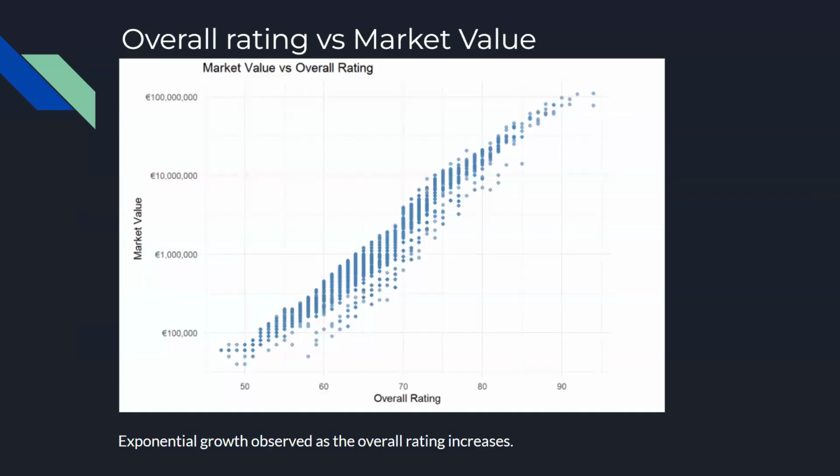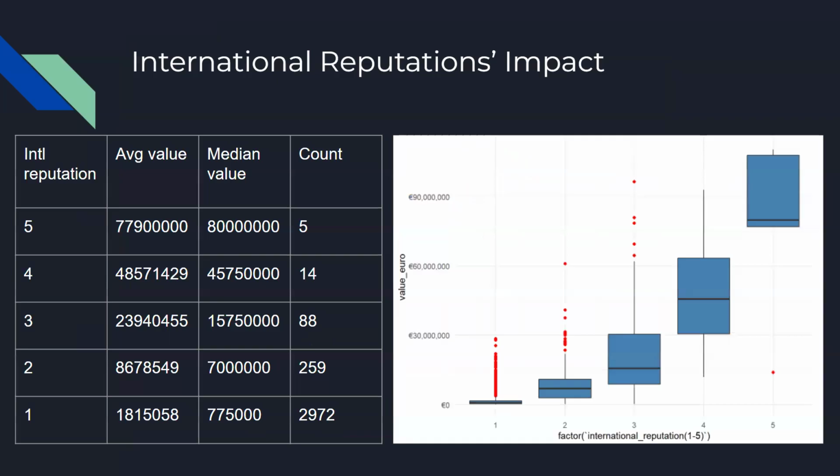And also, we can see that the overall rating is the key driver for market value, as the overall rating increases, there's an exponential growth in the market values. Another very important factor is the international reputation.